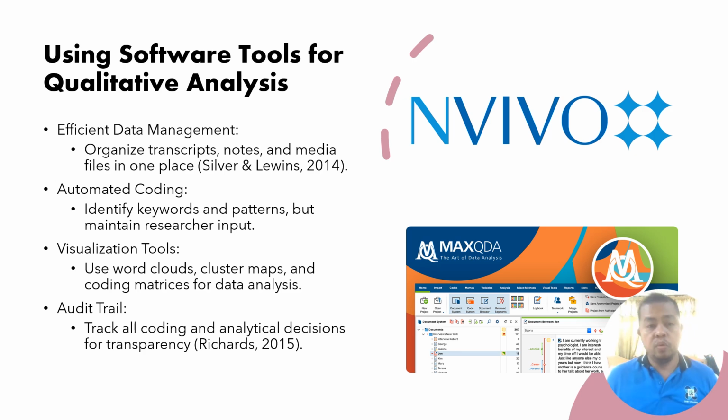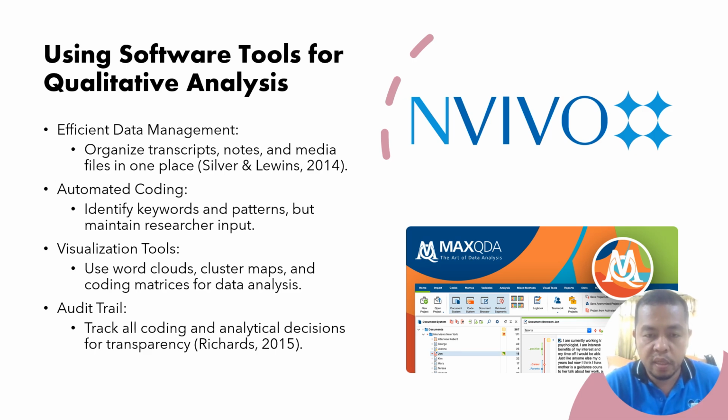Now you might want to use software also. Although I'm not familiar with these software tools, and I don't use software, because I still use the traditional way of coding and creating themes. For software analysis, you have QDAS, qualitative data analysis software, and you have NVivo.